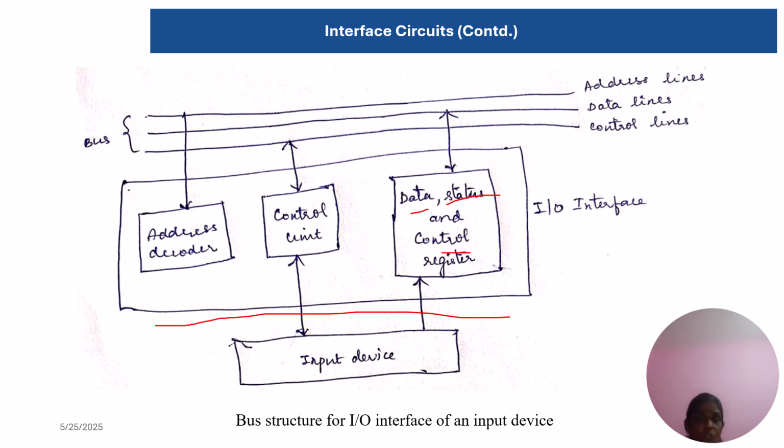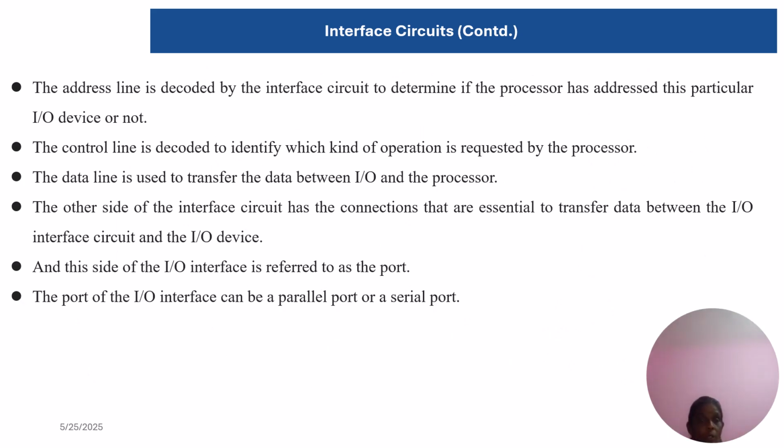In that registers also there are three types. Number one, data, status, and control. So first one, address decoder. Address decoder means it has to decode the address to identify the service needed by the I/O, which device is calling the service.